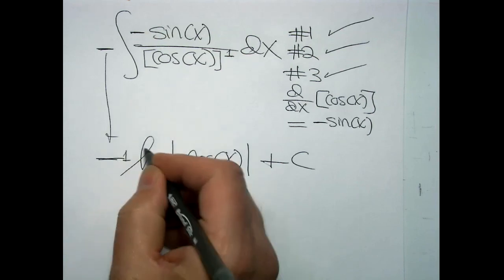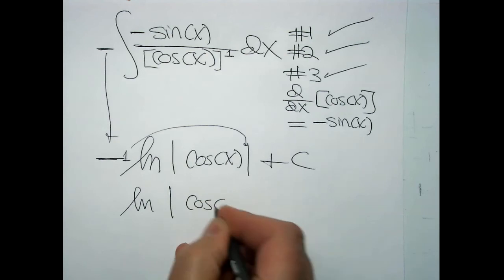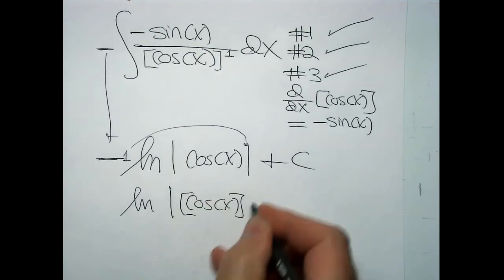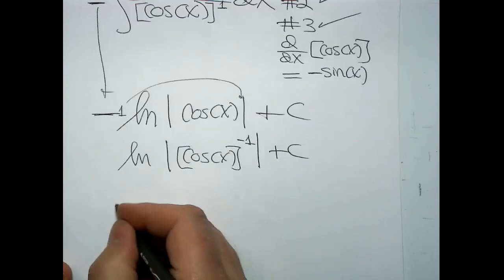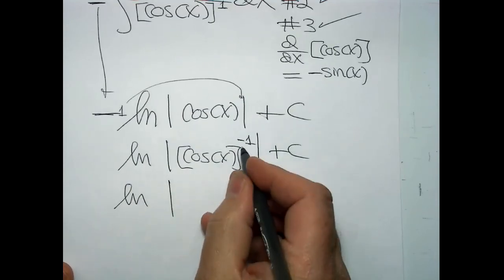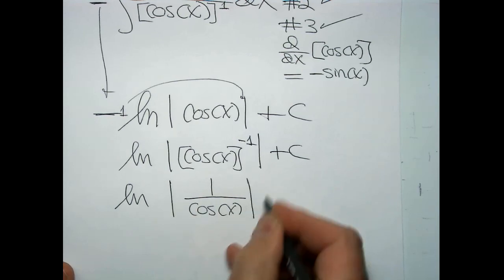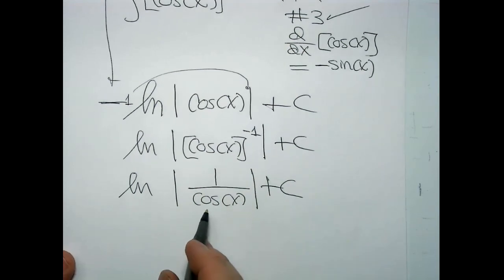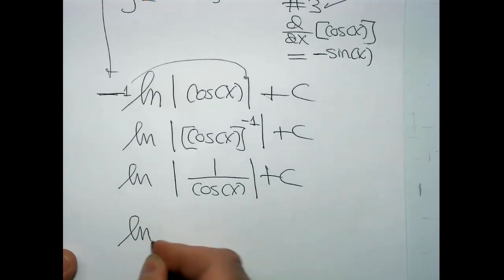Another version of the answer, you could take the -1 and plop it right up here. And what would that do? What's the -1 exponent? Isn't that a reciprocal, meaning it goes downstairs here? Who remembers what 1 over cosine really is in terms of its own trig function?